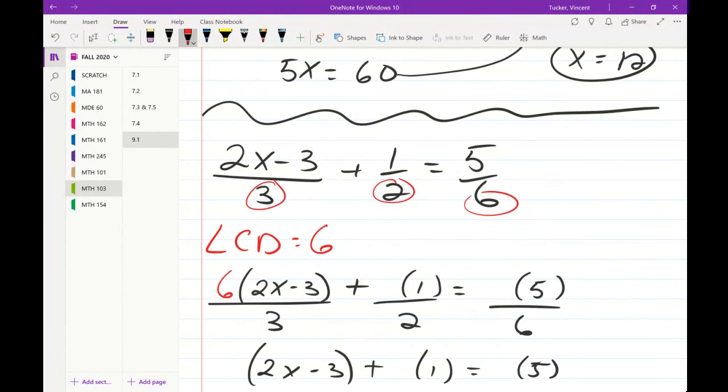All right, so let's multiply that least common denominator, that 6, to each numerator. That allows for the 3 to cancel into the 6 and leave you with 2. 2 cancels into 6 and leaves you with 3. 6 cancels into the 6 and leaves you with 1.